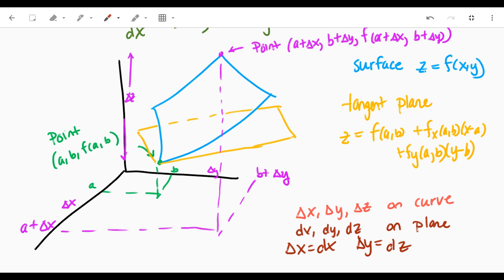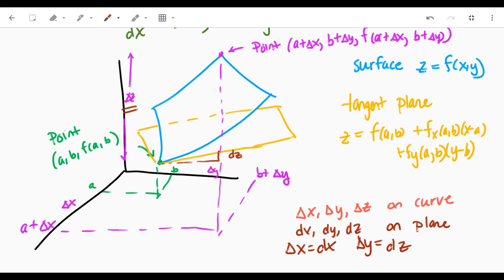The main thing here is that your plane has a different delta z, right? Like if you look, your plane would have a dz here. Okay, all the way up to the point would be delta z. Okay, so that's your differential there, that is dz.